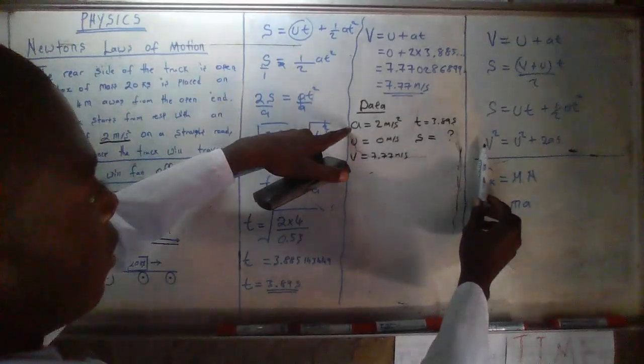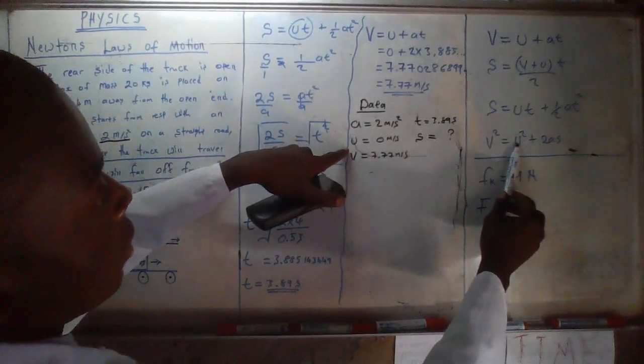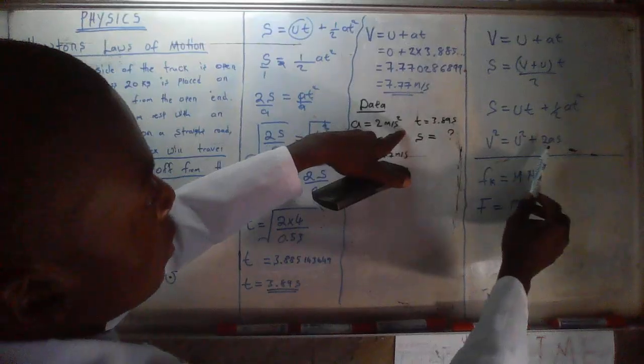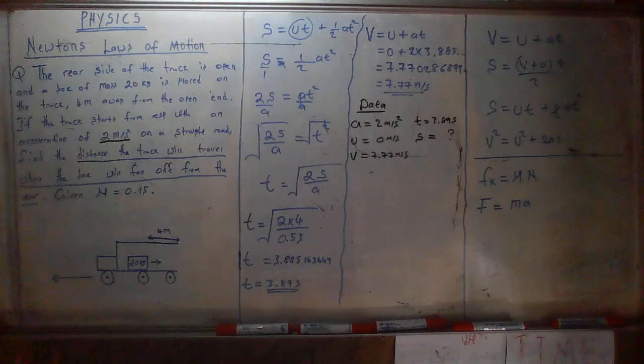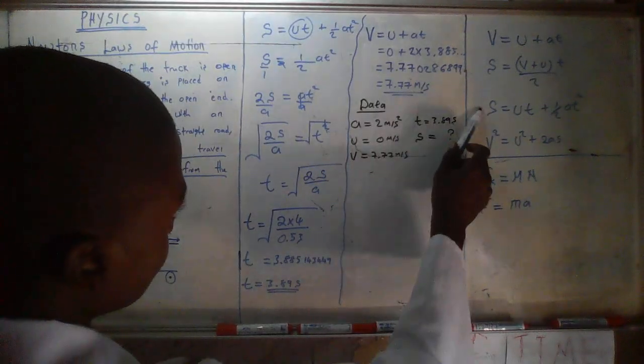This one has the acceleration, initial velocity, final velocity, but it does not have the time. Therefore, it has been disqualified. If those have been disqualified, then which one are we supposed to use? Let's now choose between this one and this one.